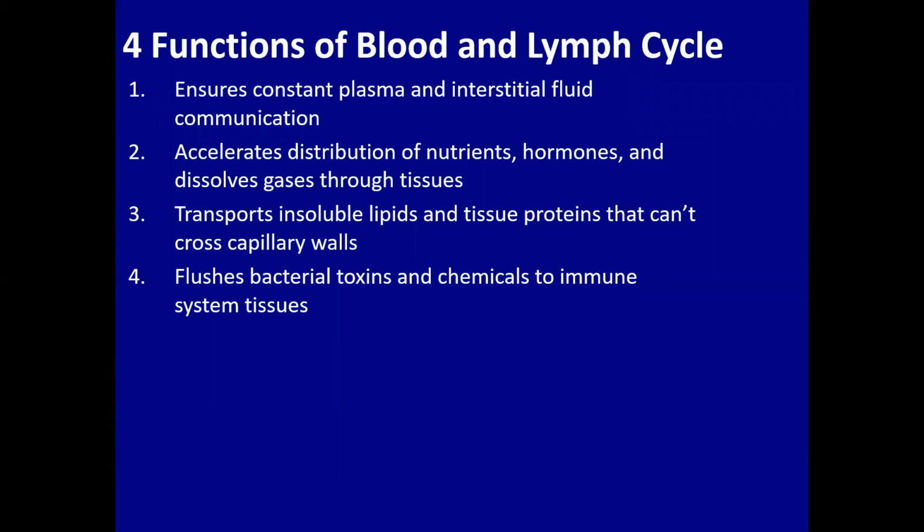So we have this blood and lymph cycle that allows for constant communication between the interstitial fluid and your plasma. It allows for distribution of nutrients and hormones and dissolved gases. It also allows for proteins that can't cross capillary walls to be transported, and insoluble lipids, and it allows for the flushing of toxins.